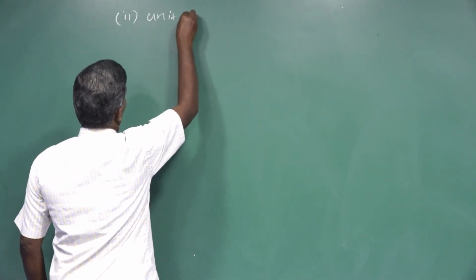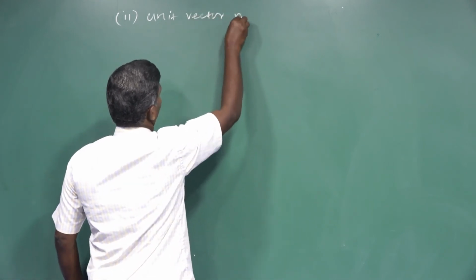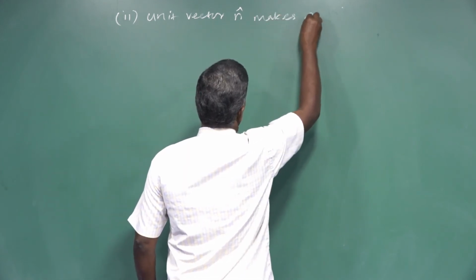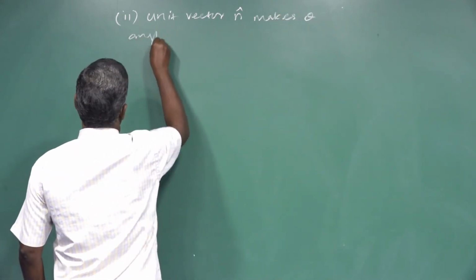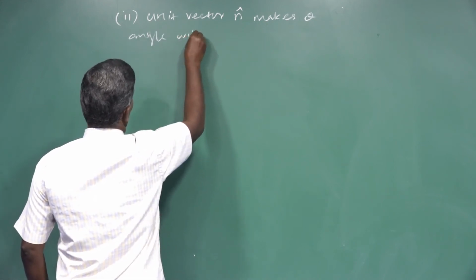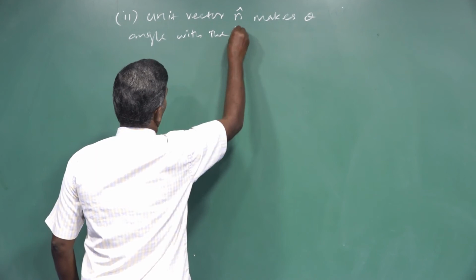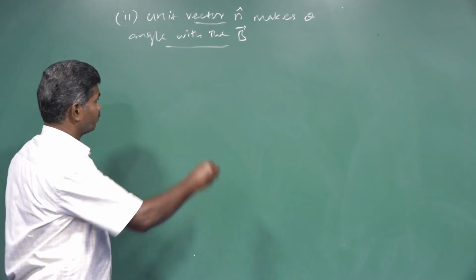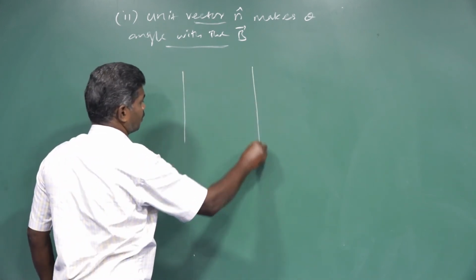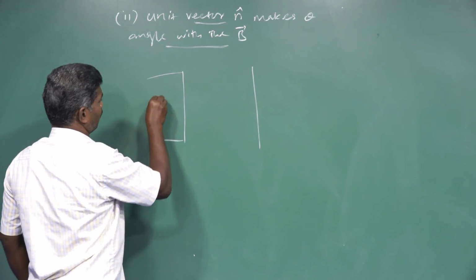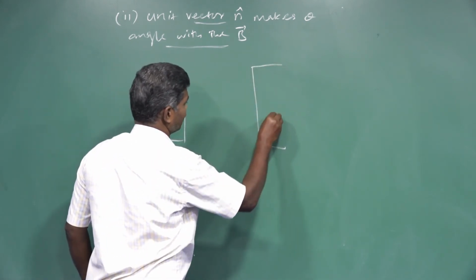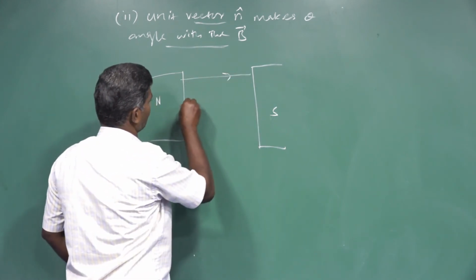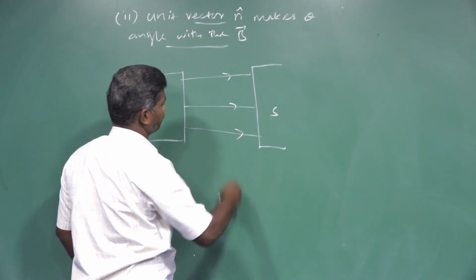Unit vector n cap makes theta angle with the magnetic field, with the B vector. So for that we are going to draw the diagram. Magnetic field can be produced by the magnet which has a north pole and a south pole. Magnetic fields are acting from north pole to south pole.